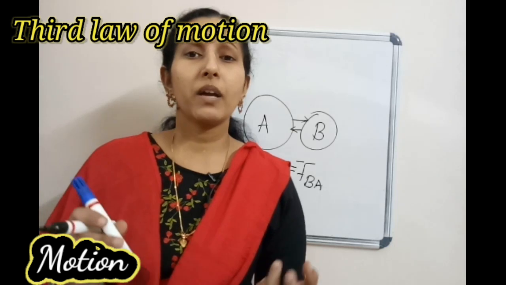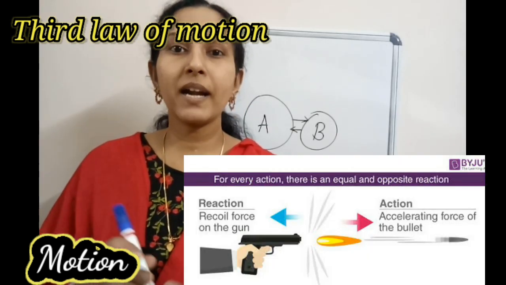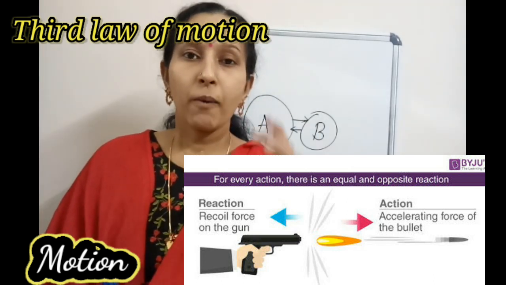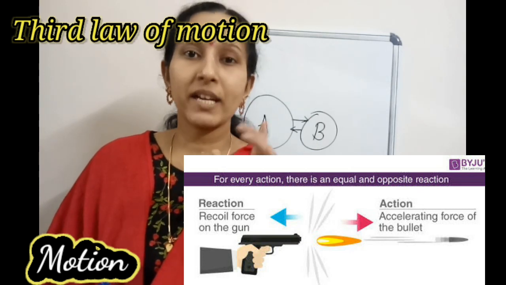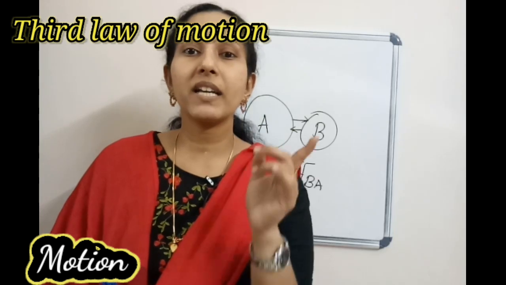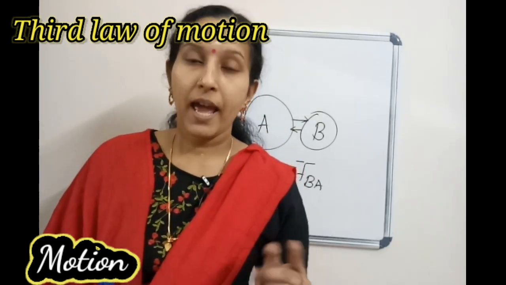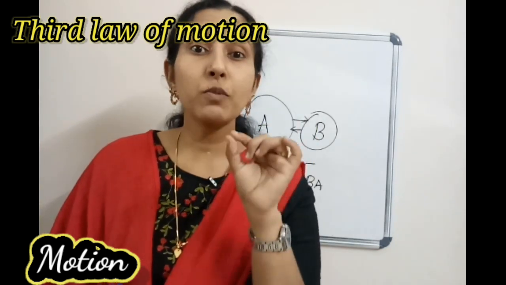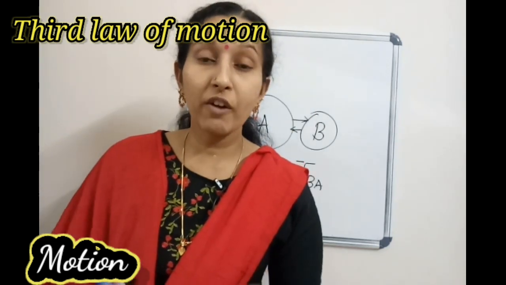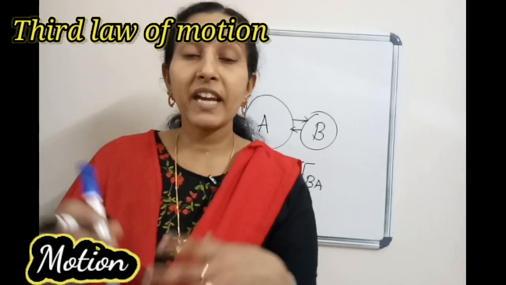For example, gun and bullet. See, two objects, gun and bullet. While we fire, the bullet comes out of the gun, right? The mass of the bullet is very less and the mass of the gun is high. So which is heavy? Gun. And the bullet is a small object, which moves with a high speed. Firing, the bullet is coming out of the gun with a great speed.